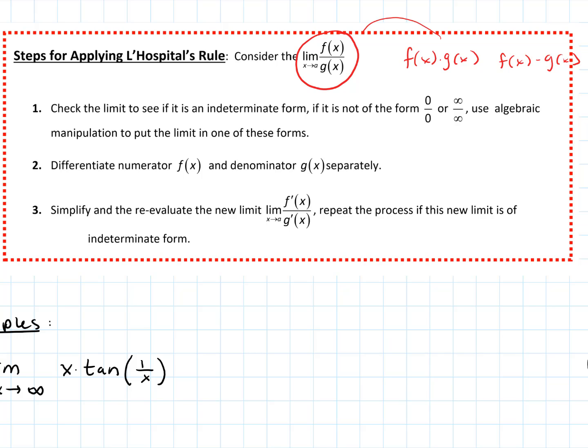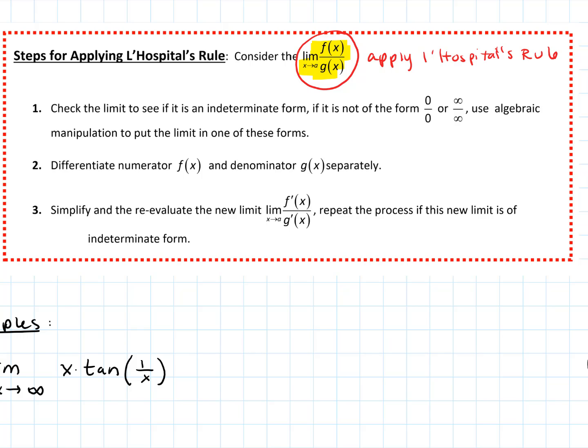We've got to get it into this form. So we've got to do something algebraically to get it into this form. This is the form by which we can apply L'Hopital's rule, as long as this form turns into that 0 over 0 or infinity over infinity.